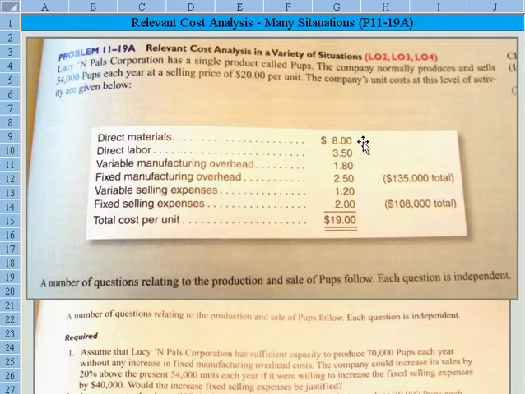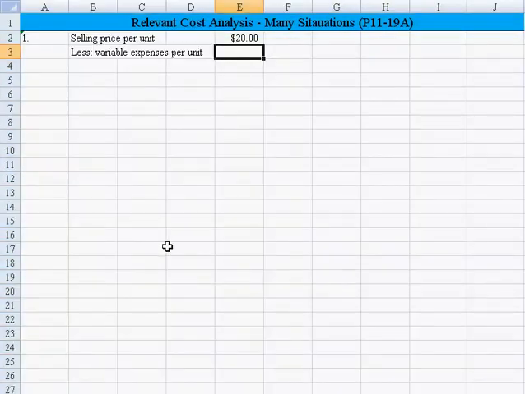Materials is variable. Direct labor is variable. The variable manufacturing overhead is variable because it tells us. Variable selling, again, we find the word variable in there. So if we add those all up, we come up with $8 plus the $3.50 plus the $1.80 and the $1.20. So our total variable cost is $14.50.